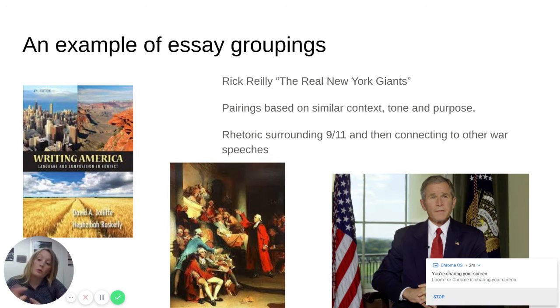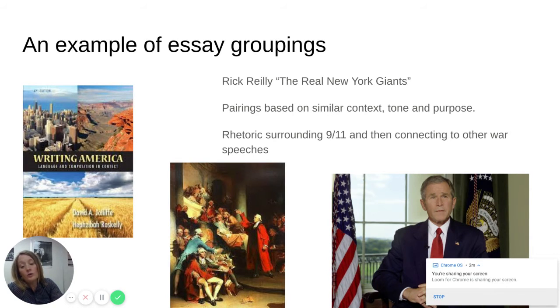We're going to group that together with President Bush's speech that he gave later that week, in which he implored Americans to support him in the invasion of Afghanistan. And then we're going to compare that new stuff with old speeches, because it is important to read the old stuff too that students don't always want to read.